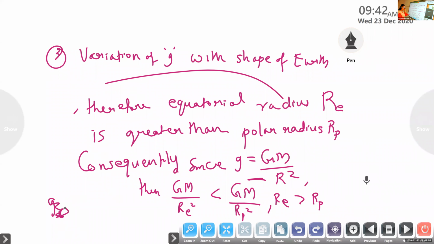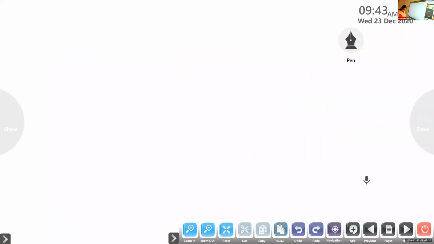Write down the question. We can do some problem based on this too. Then we go to the next class, the next topic. We have two more derivations: escape velocity and orbital velocity. And the last one under this chapter is satellites. We will do one problem, then we go to the topic.